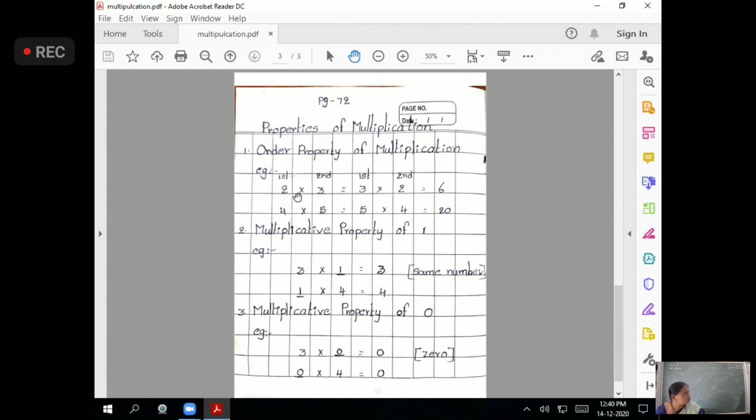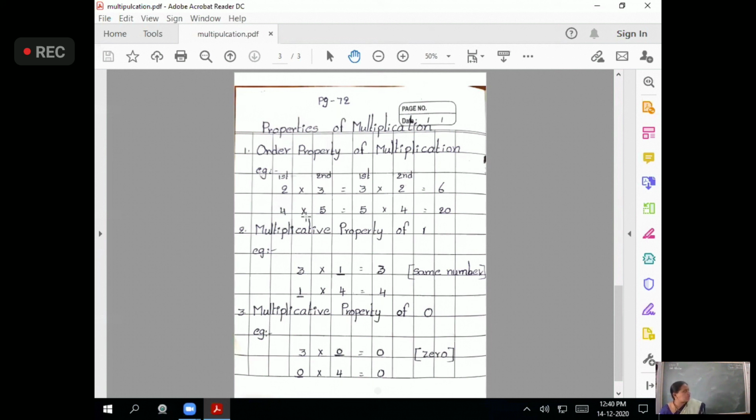Okay, 2 into 3, 3 into 2. But 2 3s are 6, 3 2s are also 6. So if we change the order, there is no change in the result in the multiplication.